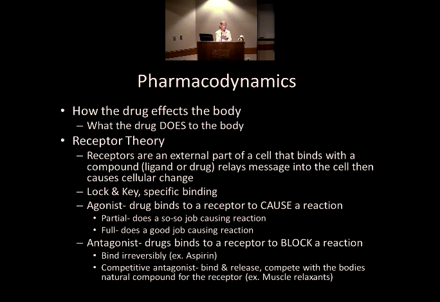Ligand is just a fancy name for whatever you naturally make in your body that binds to that receptor, because basically all our drugs are trying to mimic what already occurs in the body that interacts with that receptor. So once the drug or the ligand binds with the receptor, that receptor sends a message inside the cell to cause change.